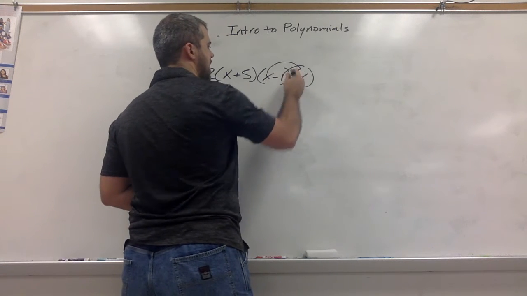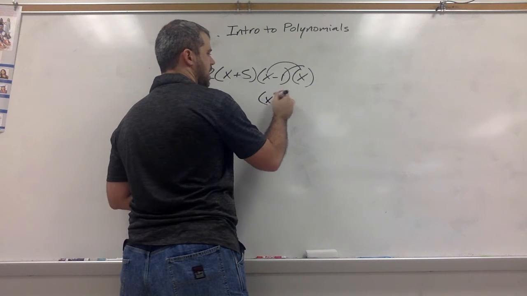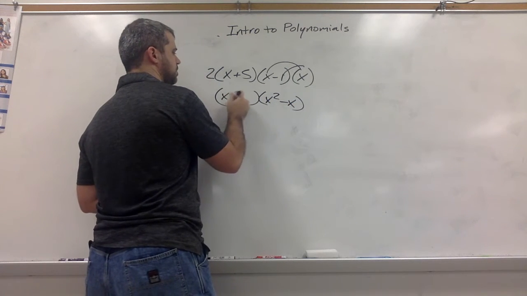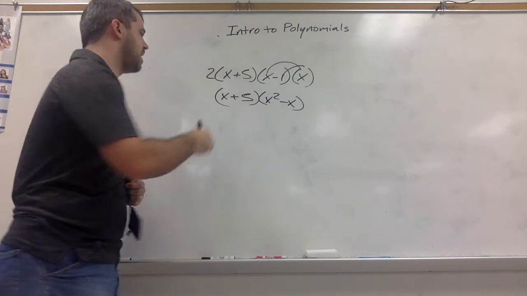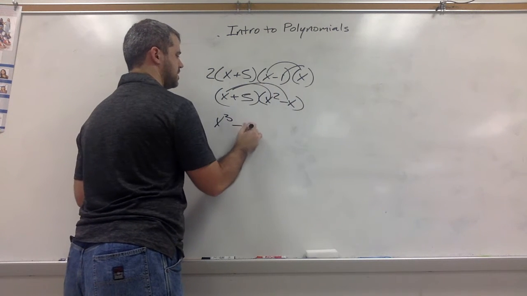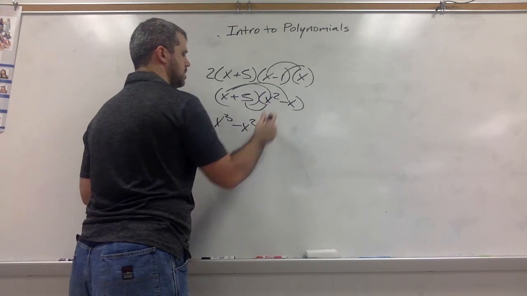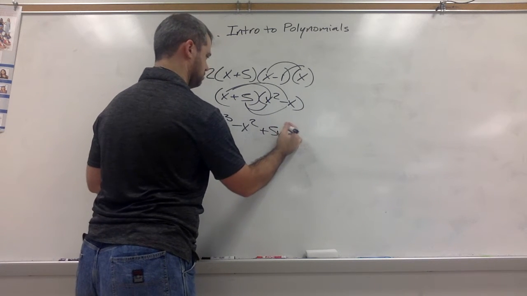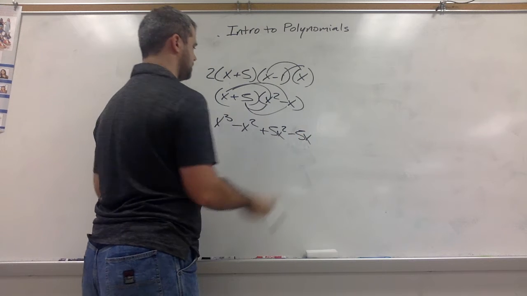So if I distribute my x here, this is x squared minus x. If I multiply by x plus 5, we have x to the third minus x squared plus 5x squared minus 5x.